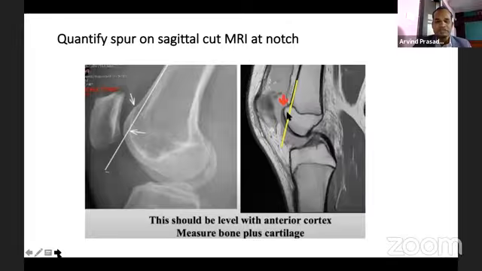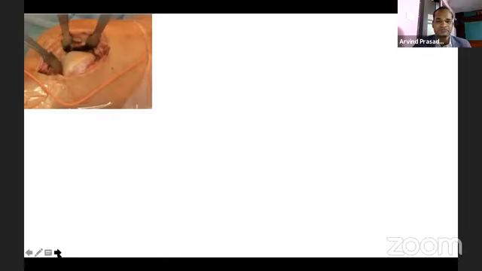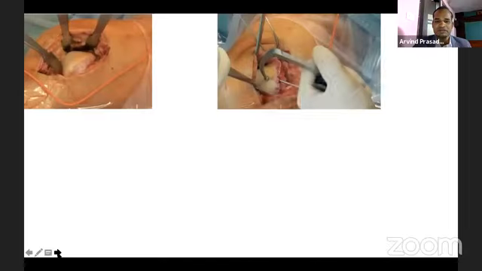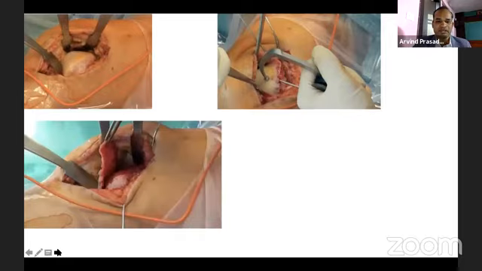For this trochleoplasty, quantification on MRI is mandatory. This can be done with the help of a jig to release the cartilage from the bone, and this flap is there.